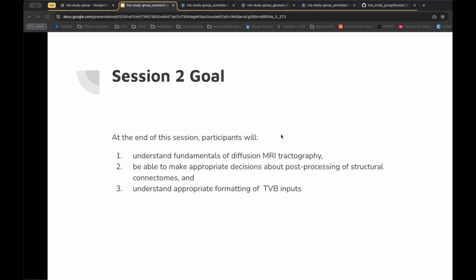You'll be able, hopefully, to make some appropriate decisions about post-processing of those connectomes that you create using tractography, and that you'll understand the formatting and basics of what needs to be input into TVB, so that we're ready to go for the next session for actually launching a TVB model.